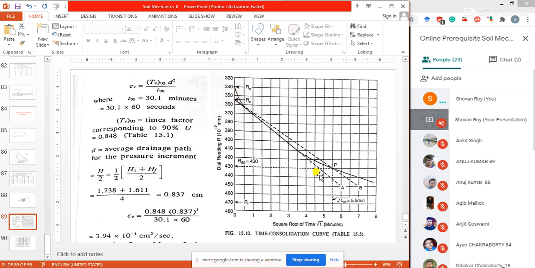Now the straight portion, line A, the dotted line, is a tangent to our actual compression curve, drawn as a straight line. This line is produced back to meet the ordinate at reading Rc.